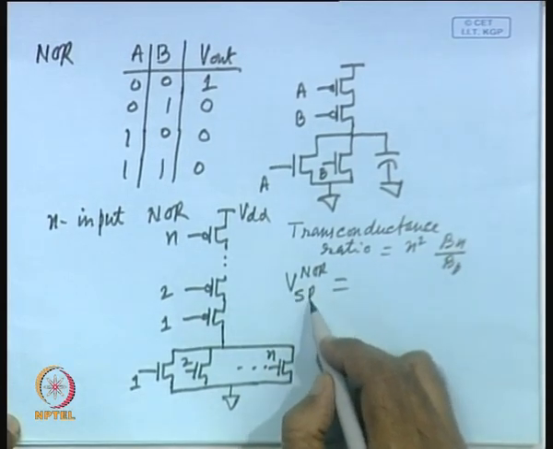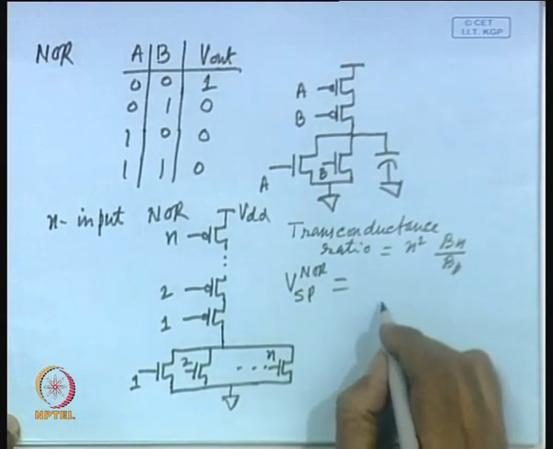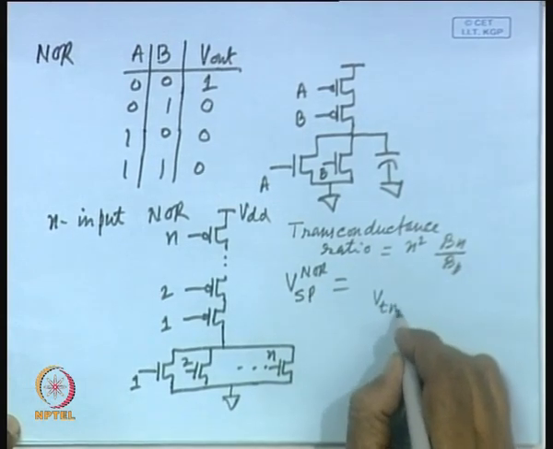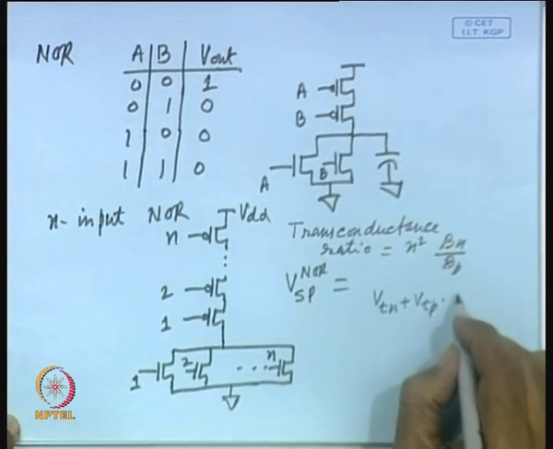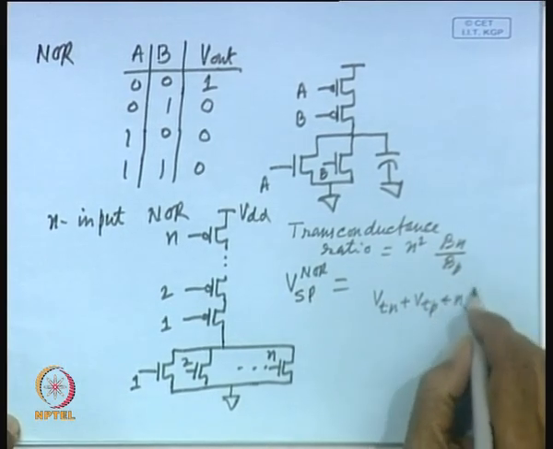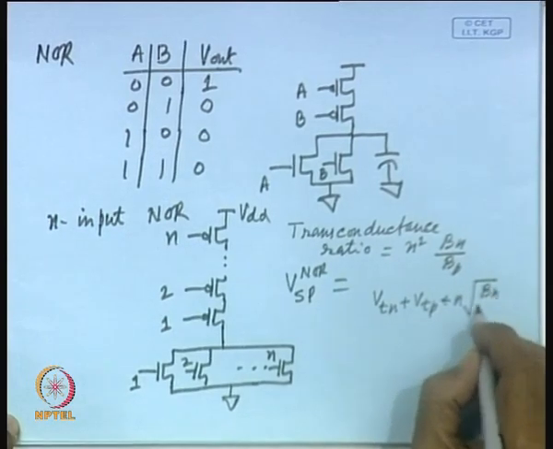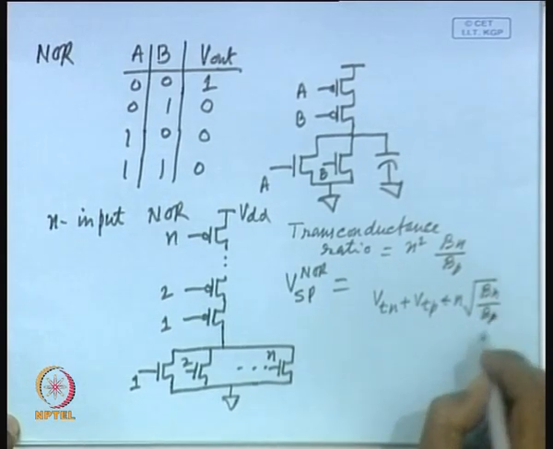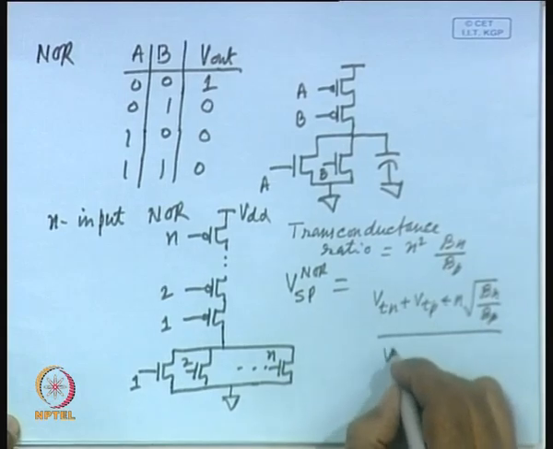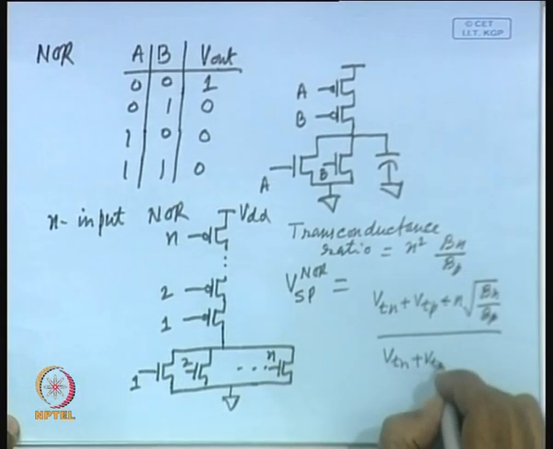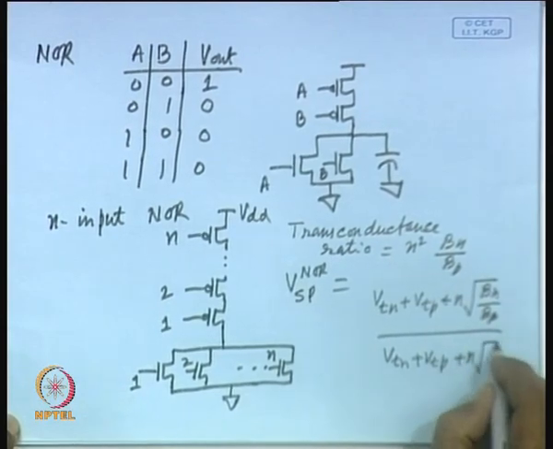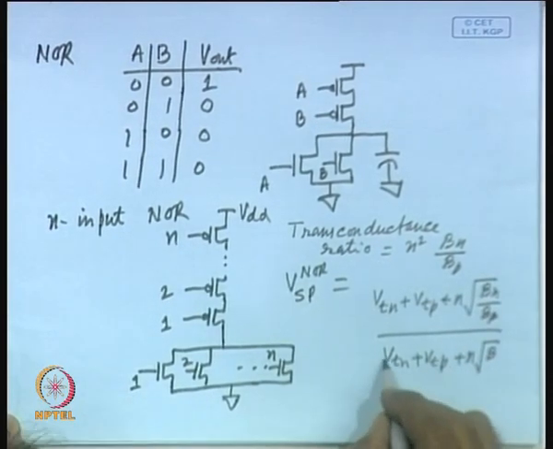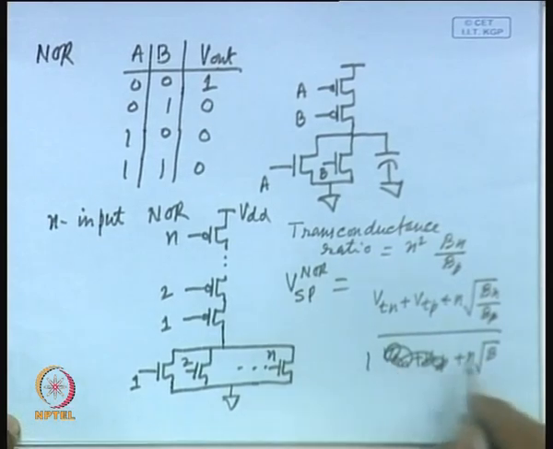So, the V switching point will be equal to VTn plus VTp, this part remaining the same. Here it will be n root beta n by beta p, and in the denominator it will have 1 plus n root beta n by beta p.